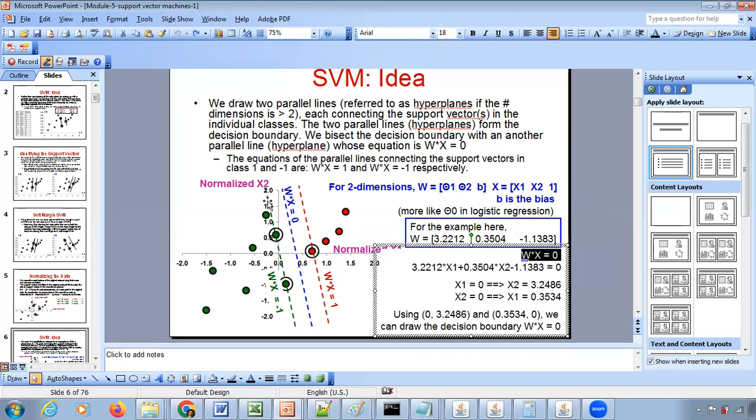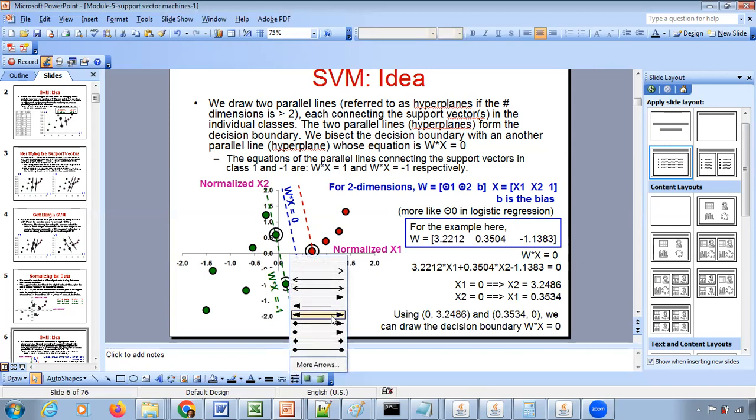So this is like the green line and the red line, or the two lines that connect the support vectors. And we call that the width of the decision boundary. This together is called the width of the decision boundary. And basically, the Wx equal to 0 line divides this margin equally.